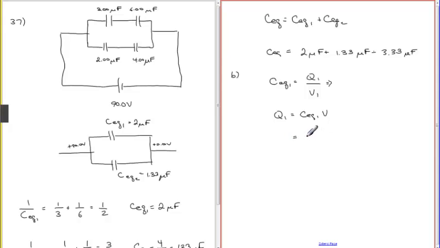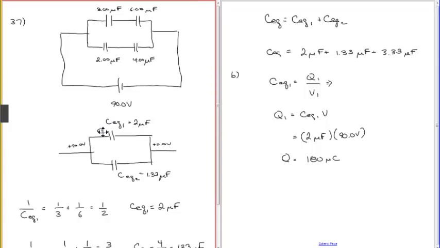The equivalent capacitance is 2 microfarads, and we multiply by 90 volts. 90 times 2 is 180. Farads times volts is coulombs because we have charge, so we have 180 microcoulombs. That's the charge that's going to be here. We'll call that Q1.